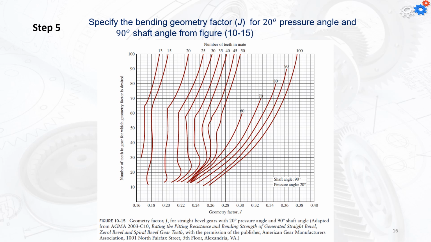What we need to know is the number of teeth for the gear for which the geometry factor is desired. That's what you can find on the y-axis. On the top x-axis, we can find the number of teeth in the mate. So by selecting any of those curves, and finding the intersection between the y-axis and the top x-axis, we can find the value of the geometry factor on the lower x-axis.